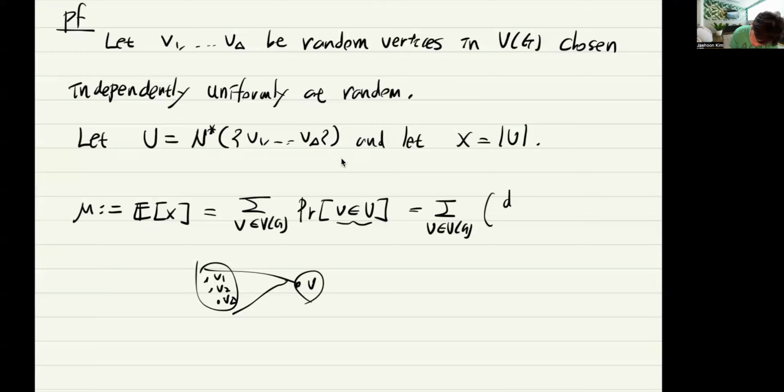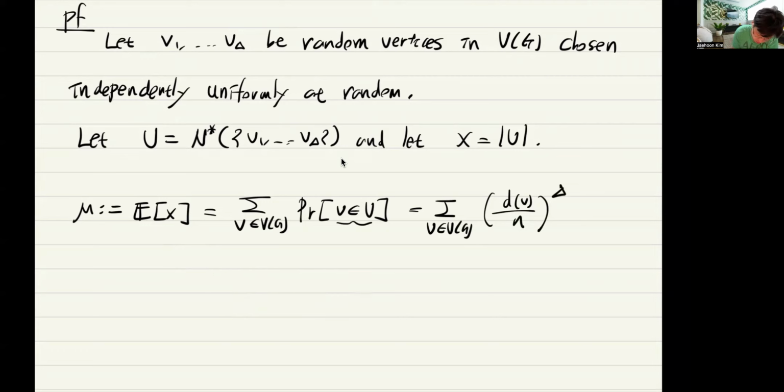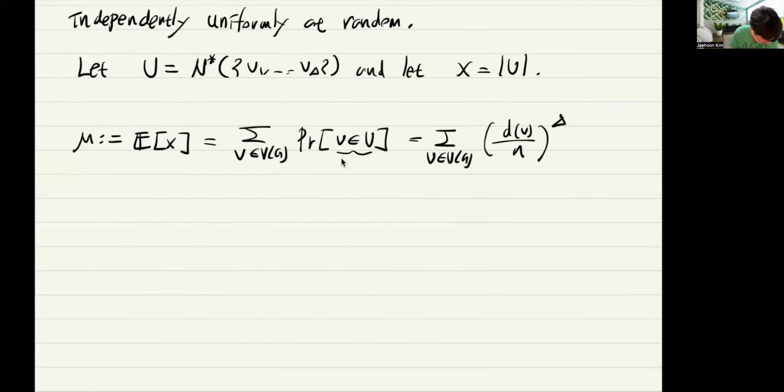So you take the degree of v and then divide by n. You have to multiply that to itself delta times. And that's the probability that we are looking for. And this can be written as the sum of the degrees to the power delta.